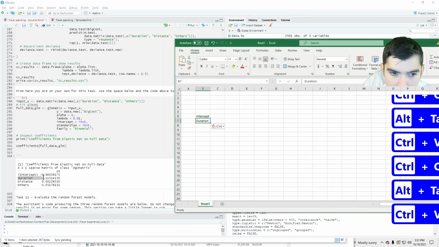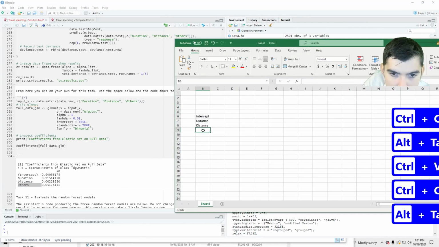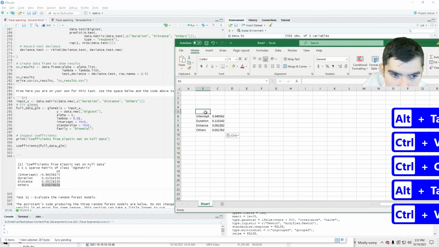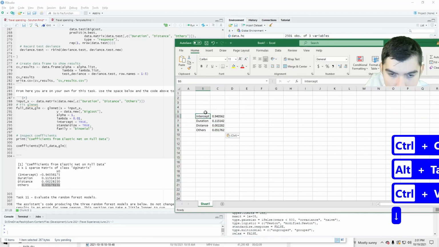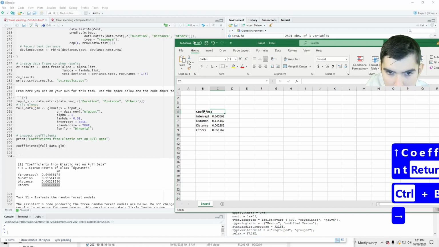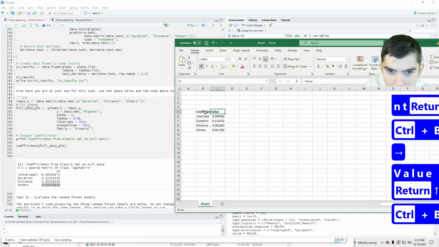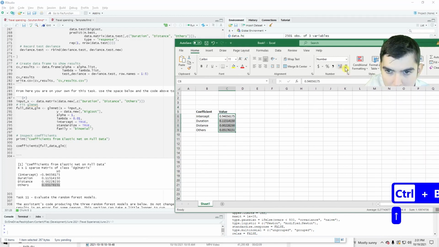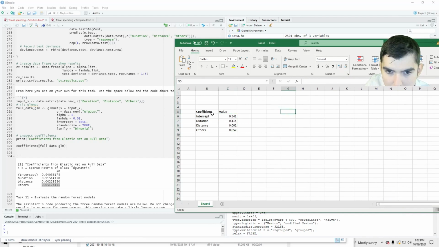Intercept, duration, distance, others. Here's the coefficient. Here's the value.